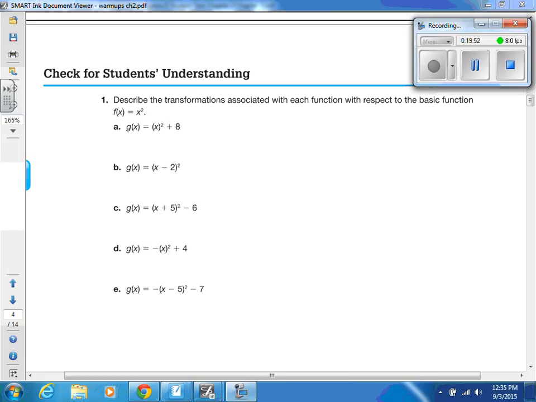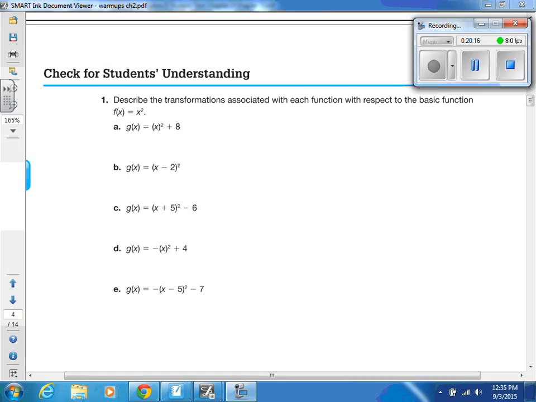It went right 2. Parentheses. If it's a negative in parentheses, then it's a positive when you take it out. So that's positive 2, to the right. Okay. Alright, so C, left 5, down 6.